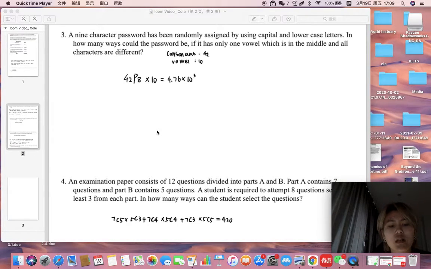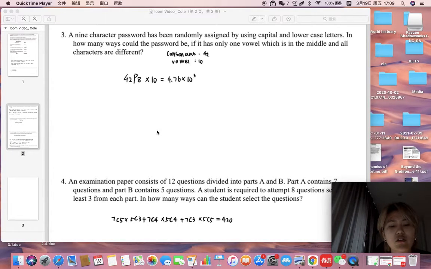The question asks for a 9-digit code with a vowel, and the letters used in the 9-digit code cannot be repeated. Vowels can be both capitalized and lowercase, so there are 10 possibilities.